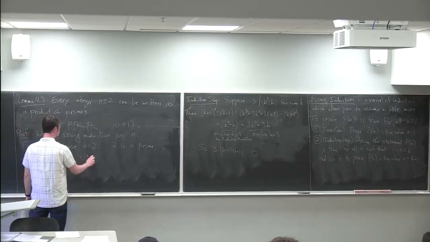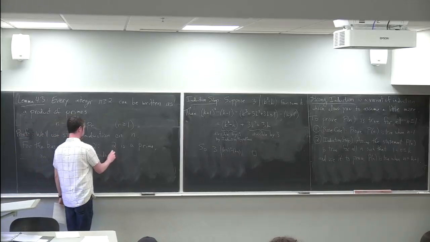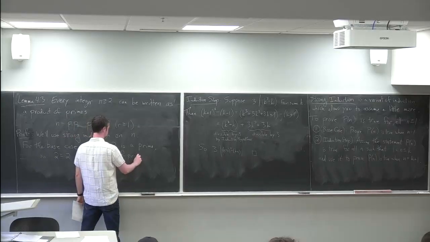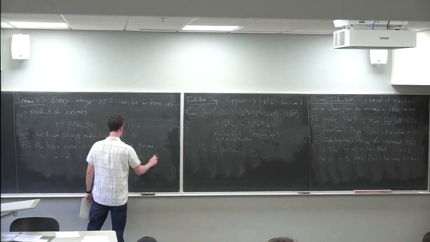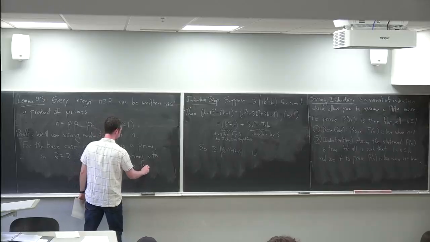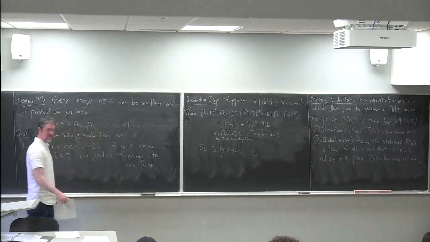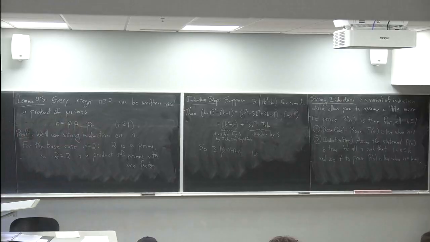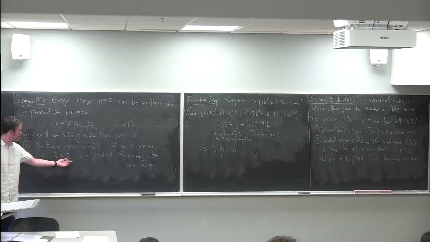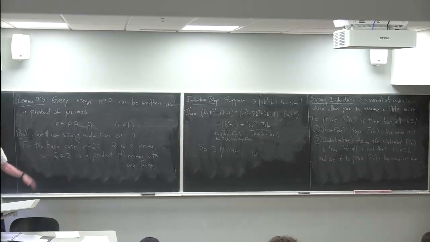It's a product of primes with one factor. Okay, there's not much to say. The right-hand side, this is the number 2 I started with. The right-hand side, I'm just thinking, well, that's like one of these, but there's just one factor. Okay, so it's done. Now, that's fine, but then what's the induction step look like?